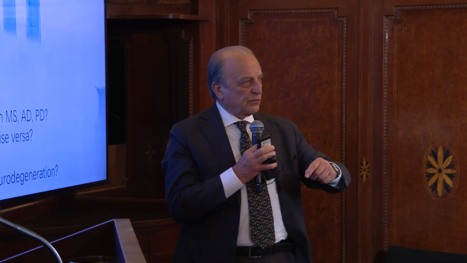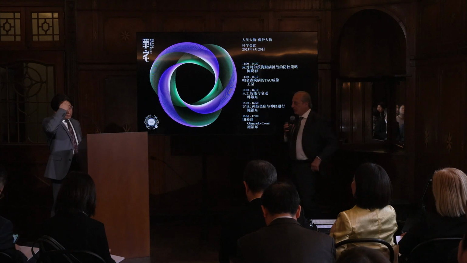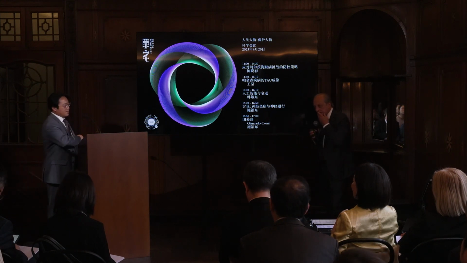We have questions in any case, because it's a way now to open this final discussion a bit. We have a few minutes left. One point: there are some, let's say, extreme views that we should really activate inflammation in order to protect from neurodegeneration.